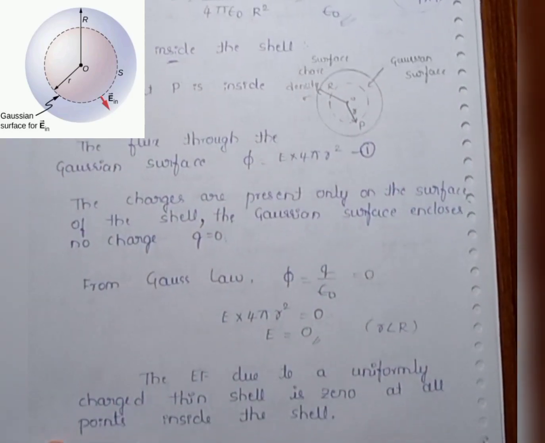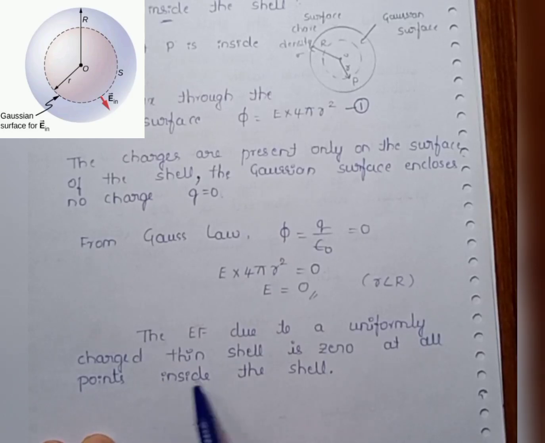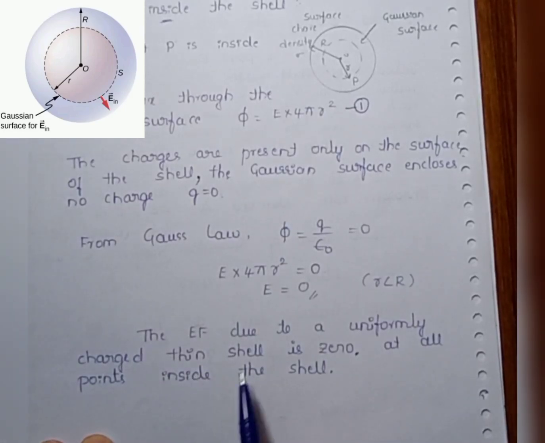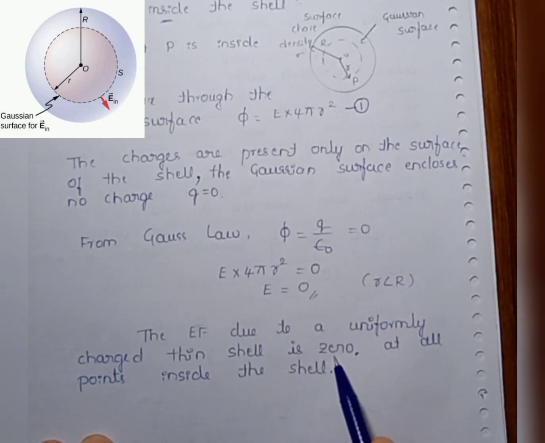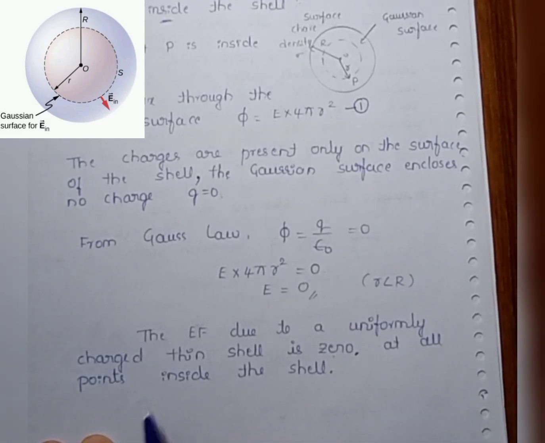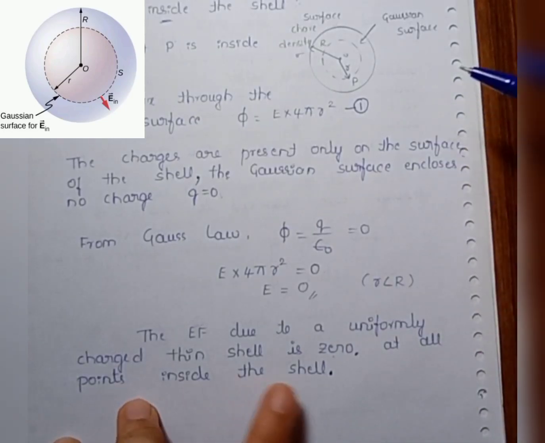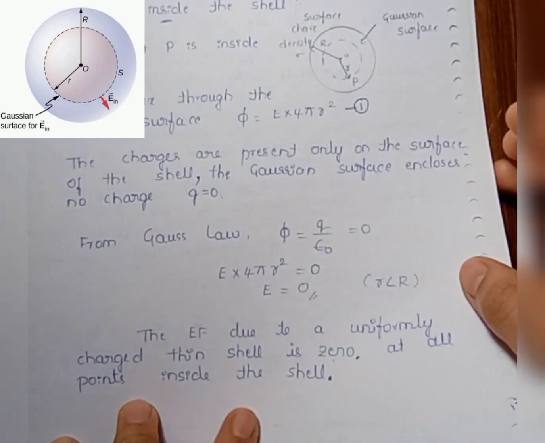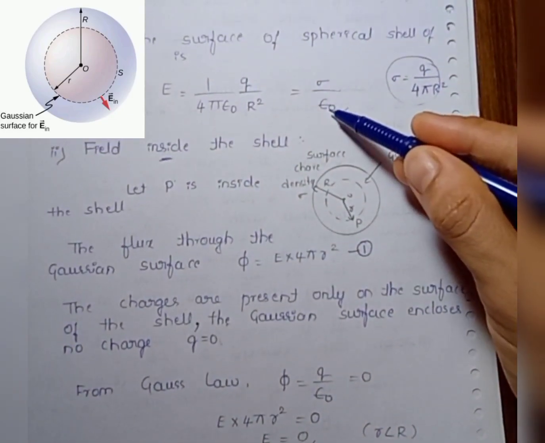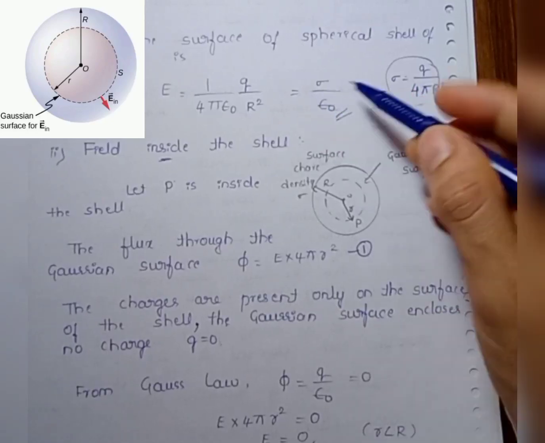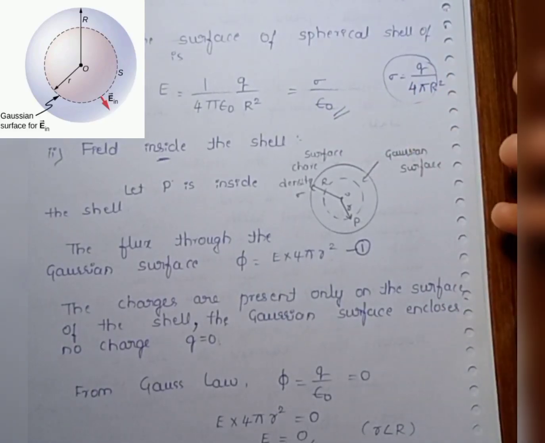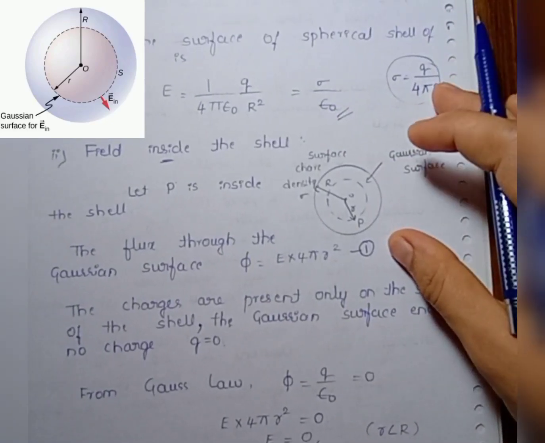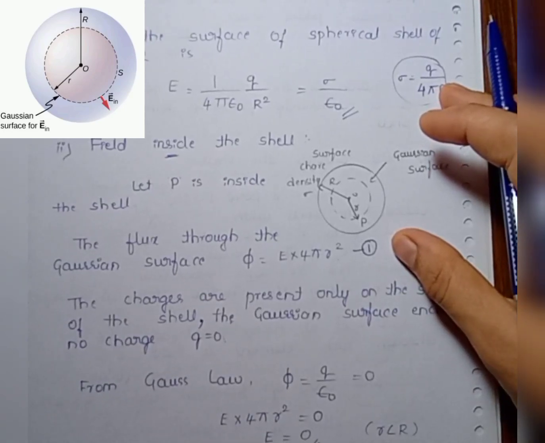Here the electric field due to a uniformly charged thin shell is 0 at all points inside the shell. That is, the electric field inside the shell is 0, and outside the shell what we will get is equal to sigma divided by epsilon naught. Outside the shell the electric field is sigma divided by epsilon naught. Inside the shell 0.